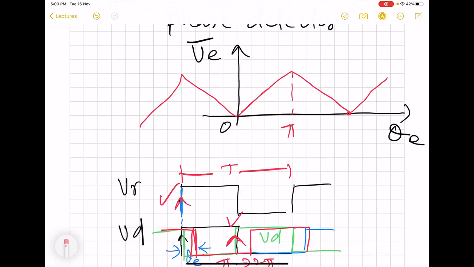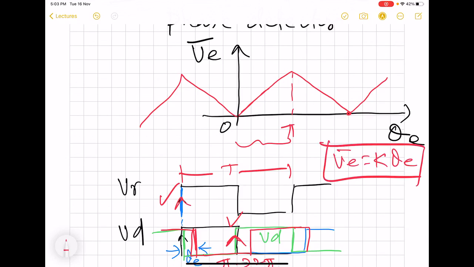Here you can see that this phase detector is able to detect phase error up to pi. We wanted this kind of relation, V_E bar equal to K into theta E, so V_E bar should increase when theta E increases, and it is over this portion that we see that characteristic is visible.